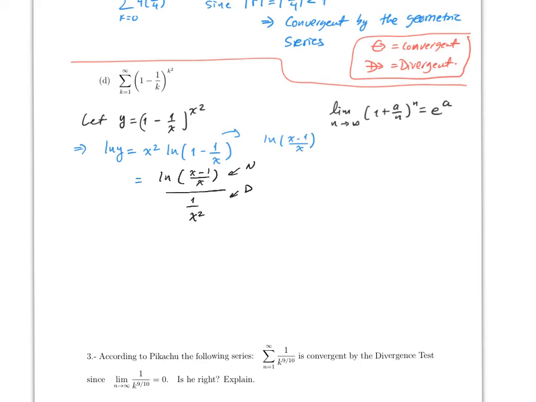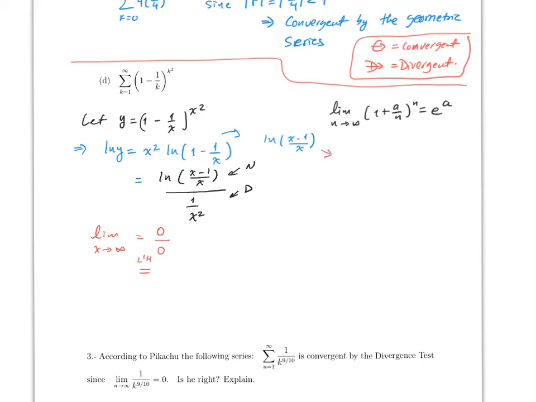Then if we take the limit as x goes to infinity, it will give you ln of 1 on the top, which is 0, and on the bottom is 1 over infinity, which is 0. Therefore, you can use L'Hopital's rule. So you take the derivative of the top.